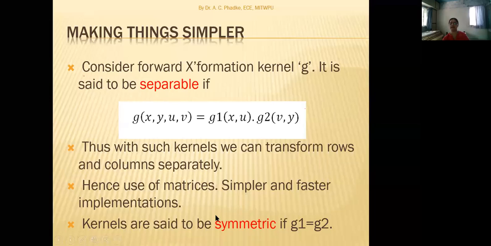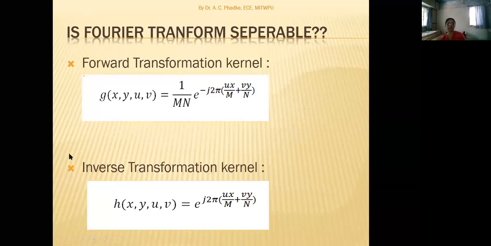Because of separability and symmetry property, first we can apply the transform on rows, we will get partial result. On partial result, we can apply the transform column wise, and then we get the final result. So this is your forward transformation kernel for discrete Fourier transform.